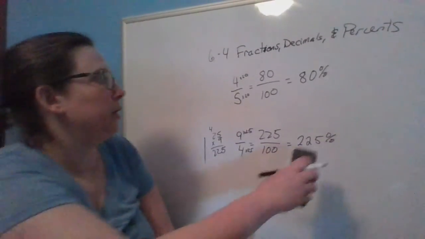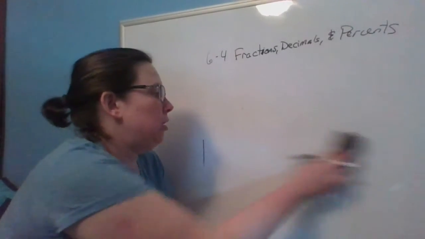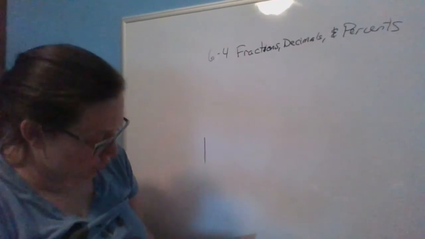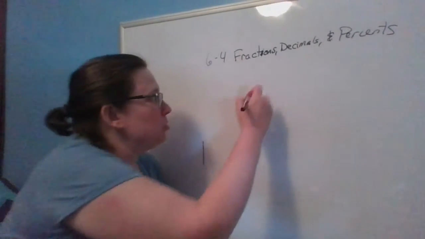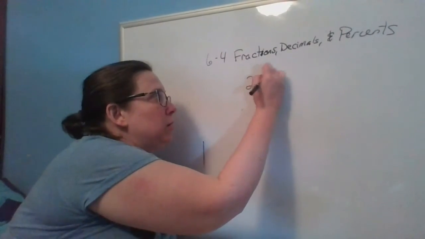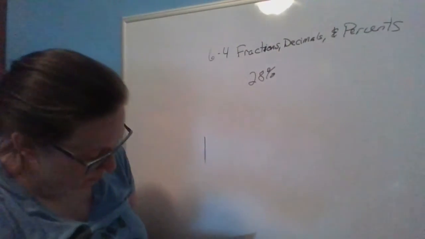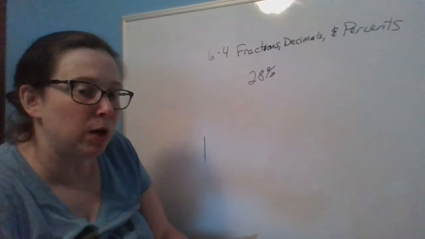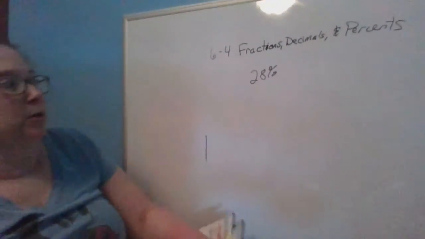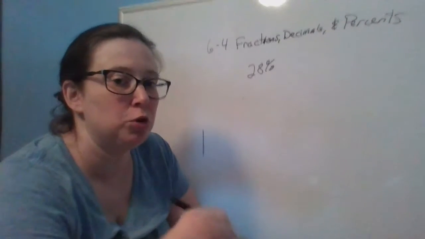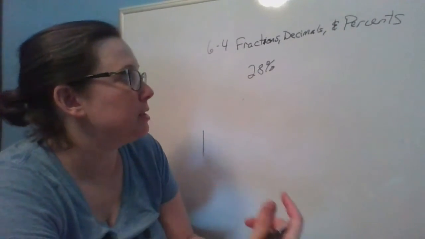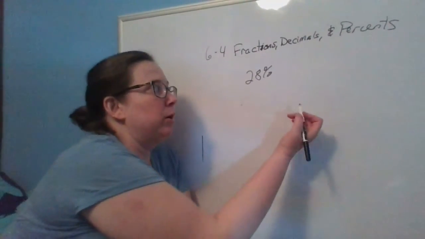The next section, we are going to take our percents and change them into decimals. So this time we have 28%. What you do when you change a percent to a decimal is you're going to move your decimal 2 places to the left, the same as dividing by 100.